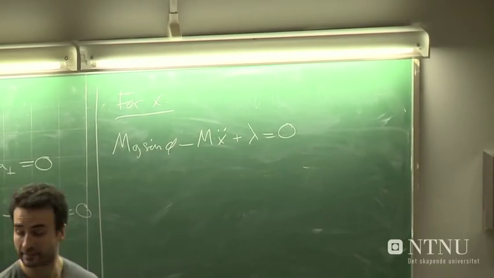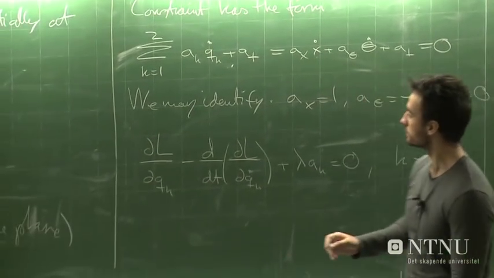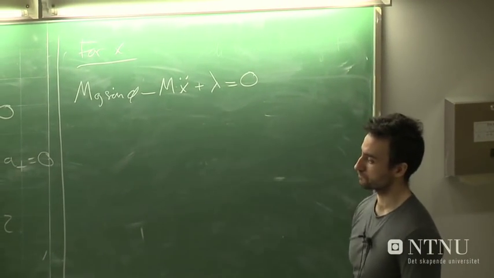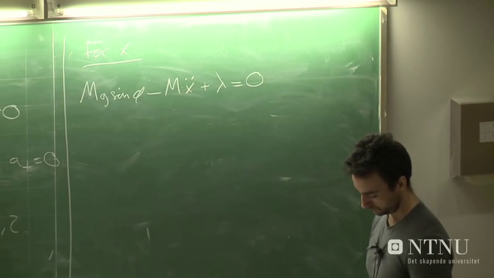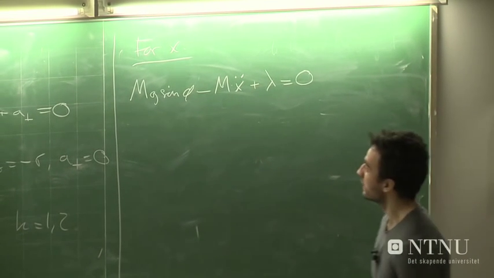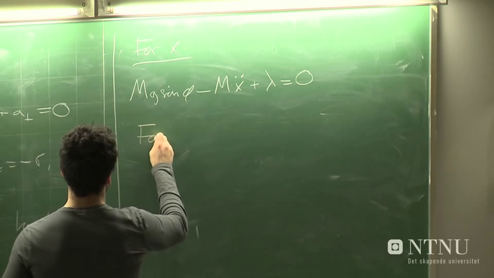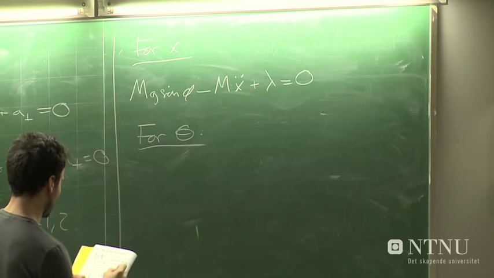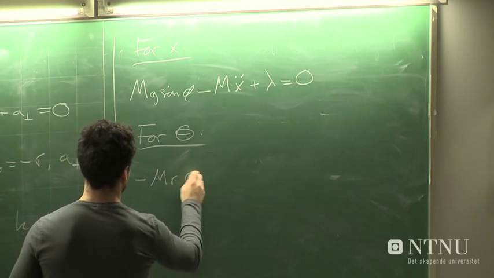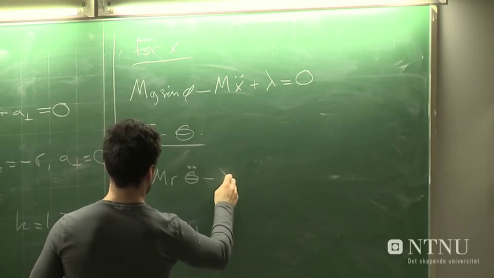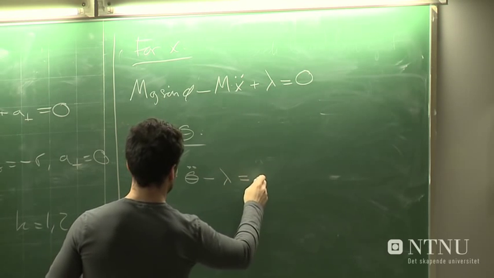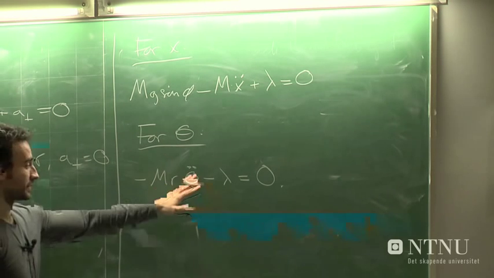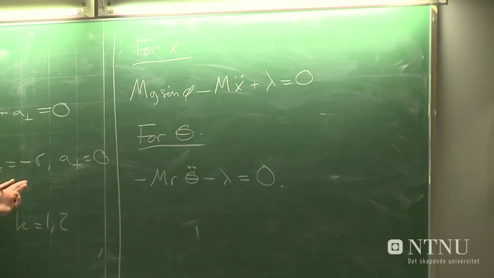And keep in mind, a_x is equal to 1. So we just get lambda here. That's x, and completely in the same way for theta. We get this, where I've now divided the entire equation by r, because a_theta was equal to minus r.